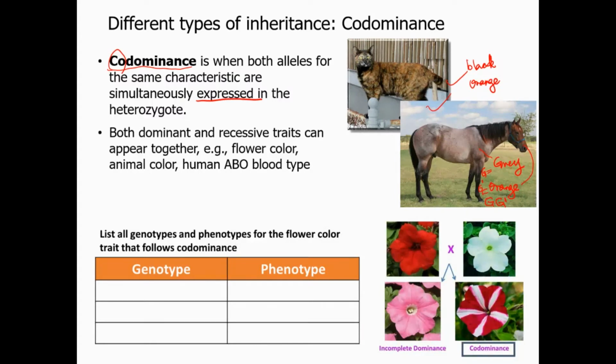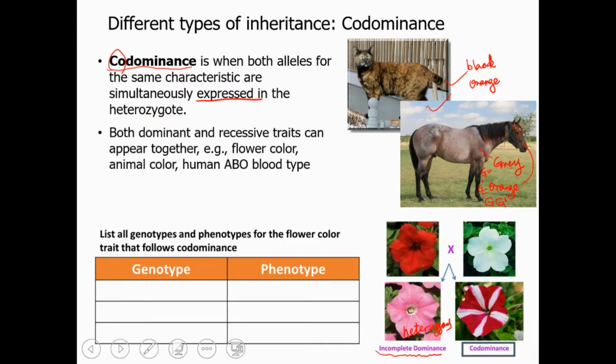So that's the animals, and this also happens to flowers. I have a picture here just to kind of compare between incomplete dominance and codominance. I want to help you figure out the difference. So remember, incomplete dominance, if you have a heterozygous genotype, then you are going to have an intermediate trait, right? So pink is going to be in between red and white.